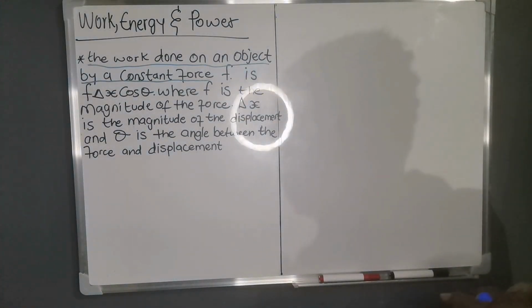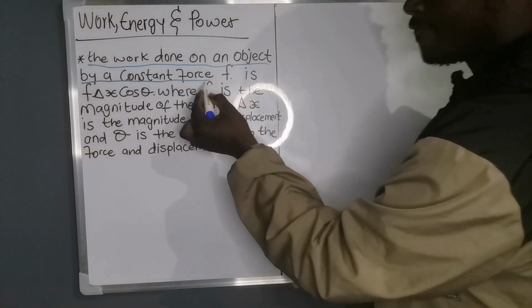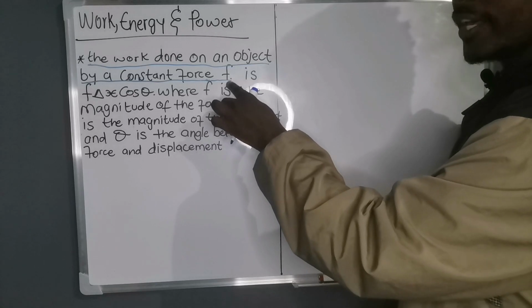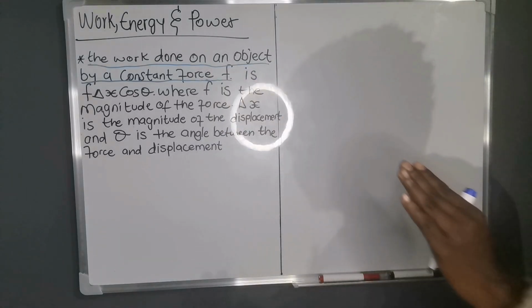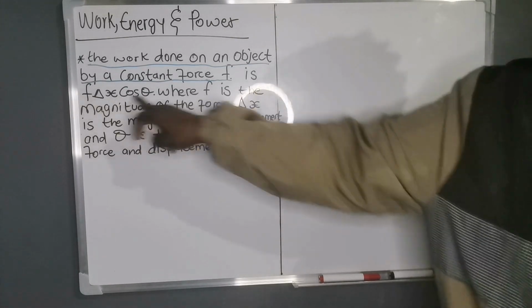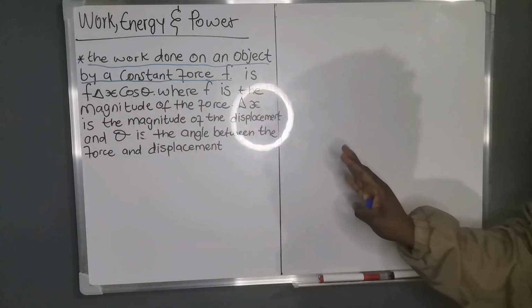Then a constant force F, which means our force is denoted by the symbol F. You stop there. You don't write that formula.